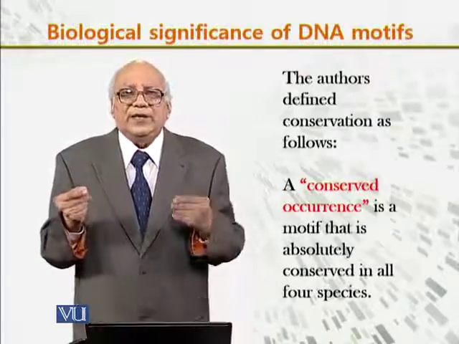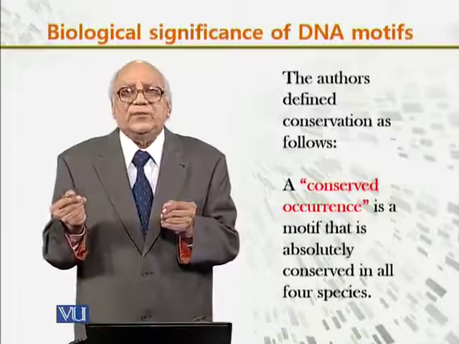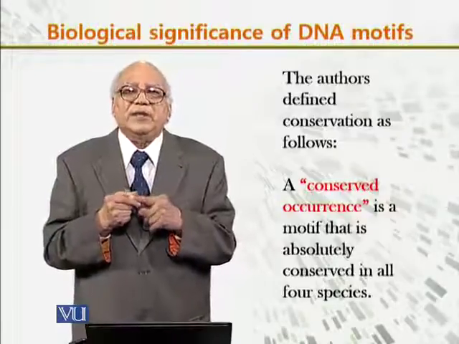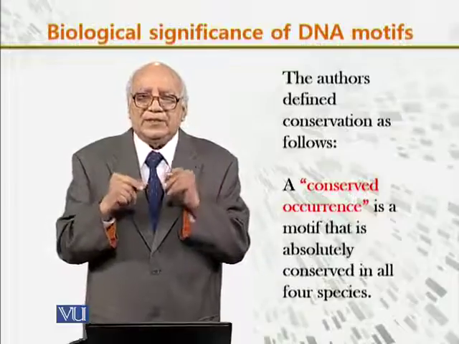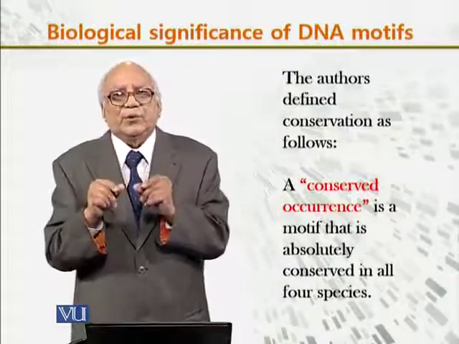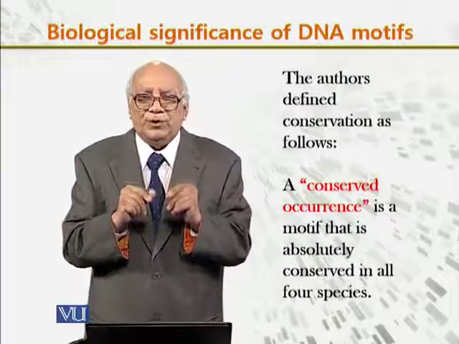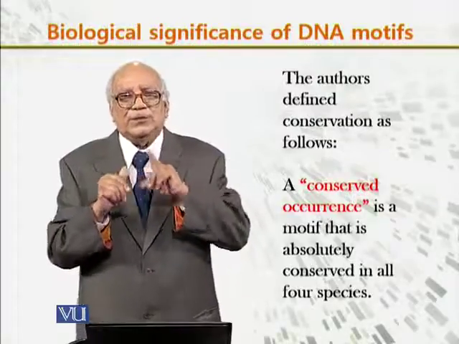Now, the authors defined conservation as follows. How do we define that this part is conserved? A conserved occurrence is a motif that is absolutely conserved in all four species.